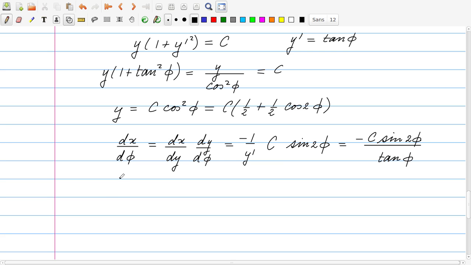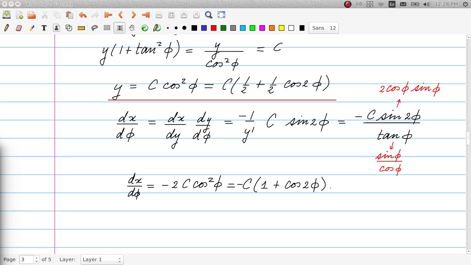Then we use the fact that the sine of 2 phi is 2 cosine phi sine phi, and the tangent of phi is sine phi divided by cosine phi, and so this then leads to the following equation for x.